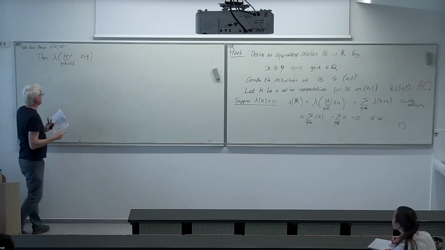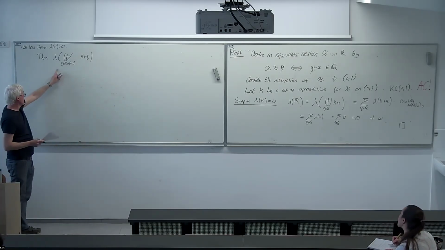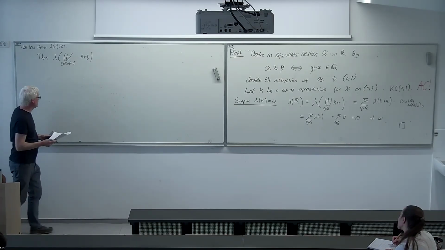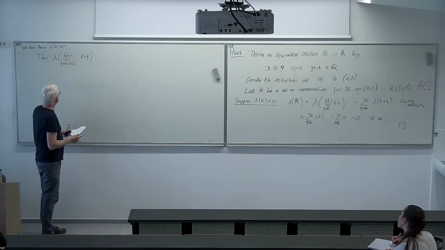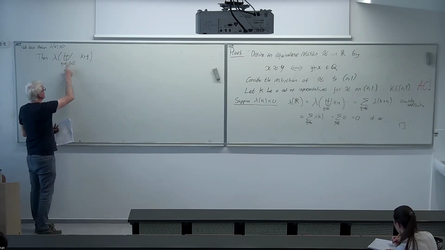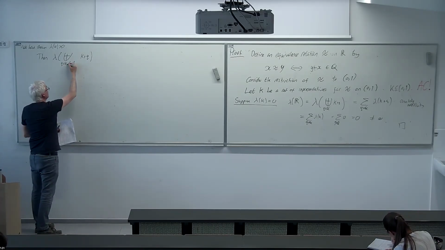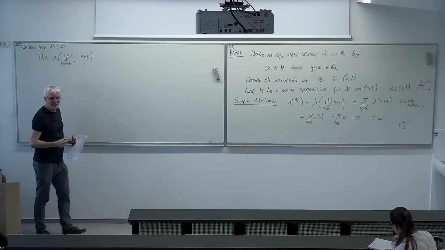We're going to consider the length of this set, because it's the length of a disjoint union. Sorry? Shouldn't it be an intersection? So Q intersection. Oh yeah, it should be. Yes, thank you.